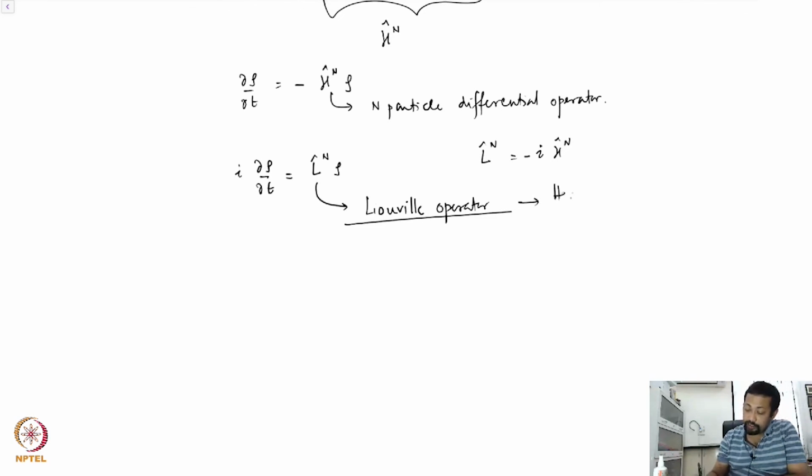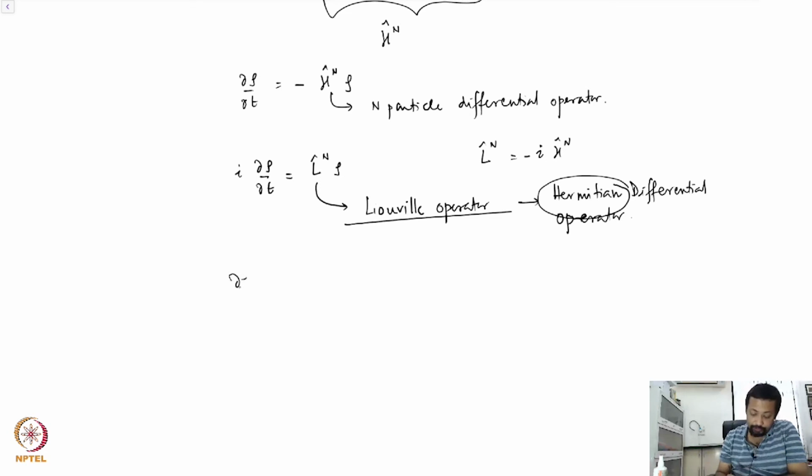If you look at it carefully, you can easily see that this is a Hermitian differential operator. I leave it to you as an exercise to prove that this is indeed a Hermitian operator. It's not very difficult to do.